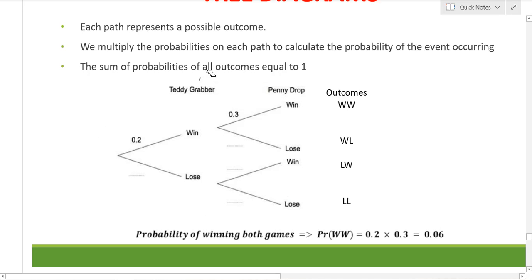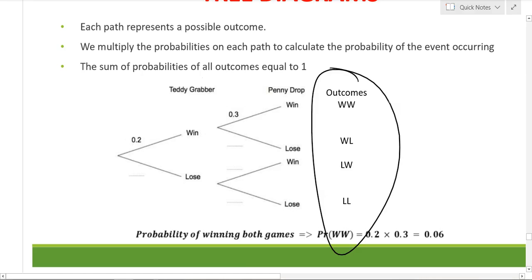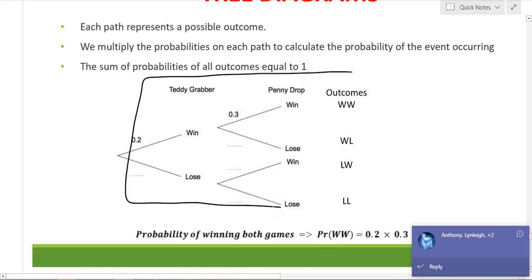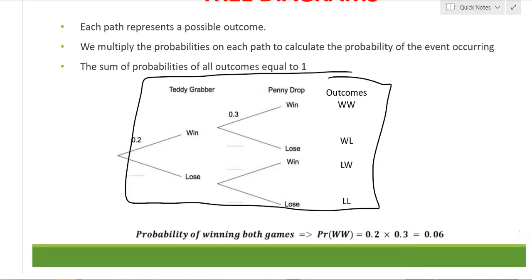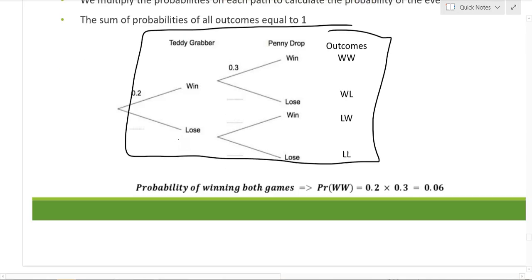If it's multiple stages, include what's happening in that stage, and also include the probability for each branch. So here they've used decimals. That's okay. And the last thing is to include the outcomes in the end. So your tree diagram has to look like this. Any tree diagram must look like this. And then we'll go through together how it works out.